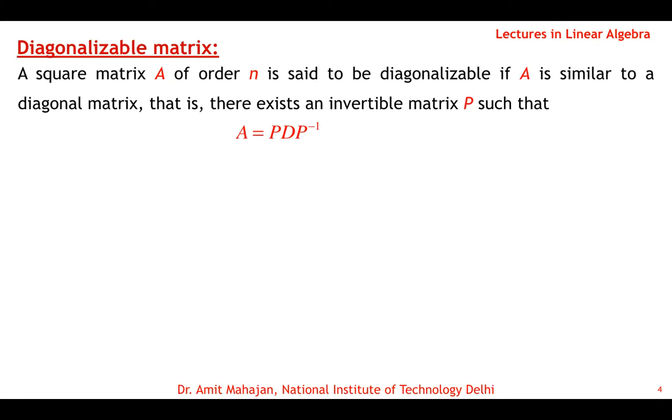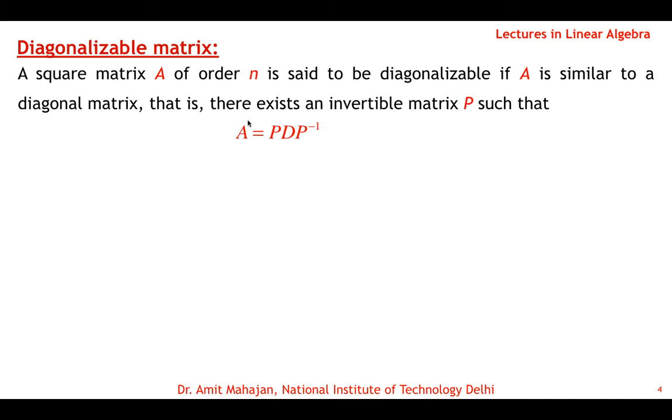So the next definition is the diagonalizable matrix. A square matrix A of order n is said to be diagonalizable if A is similar to a diagonal matrix. That is, there exists an invertible matrix P such that A can be written as P D P inverse.